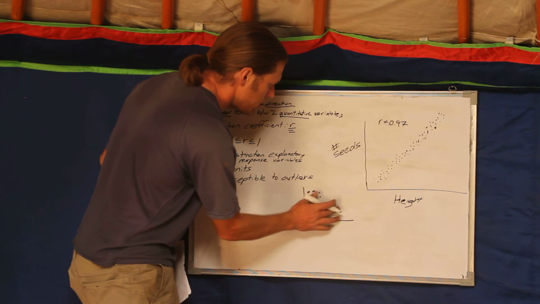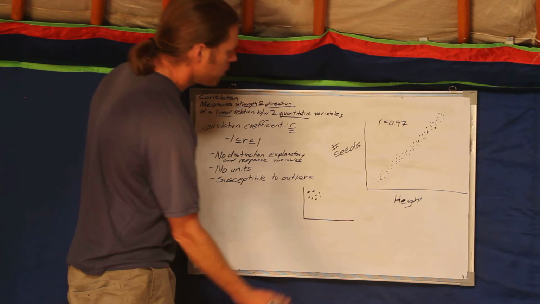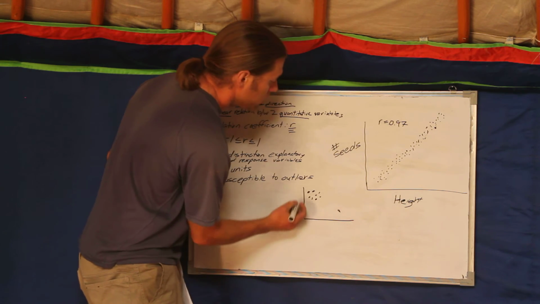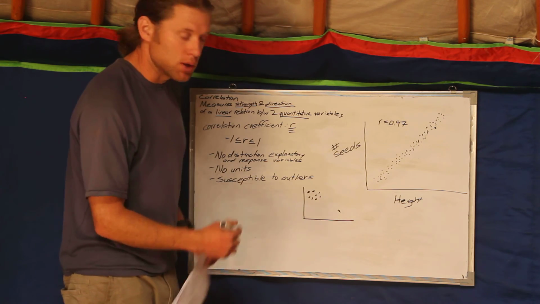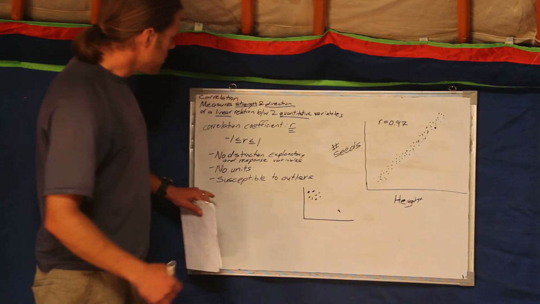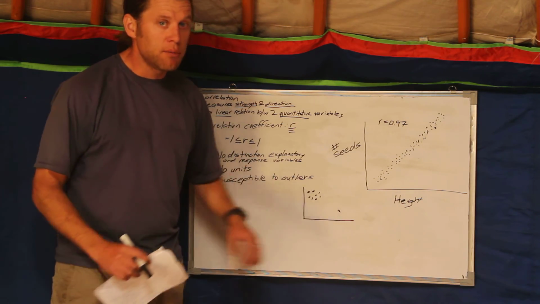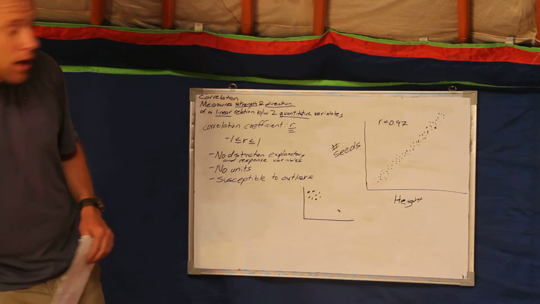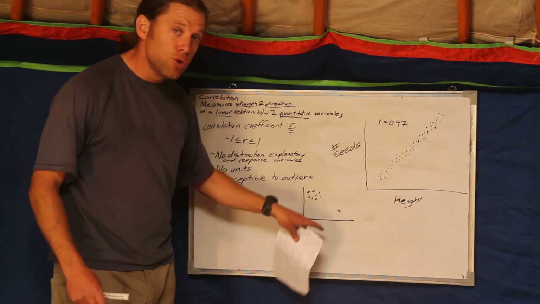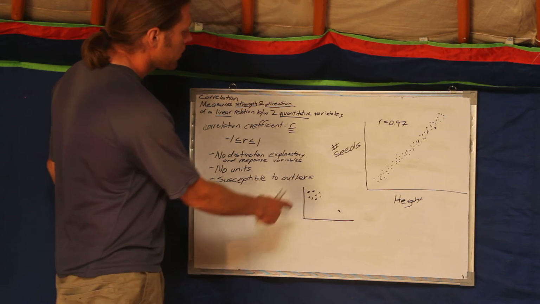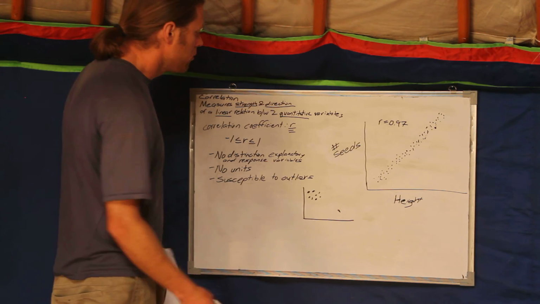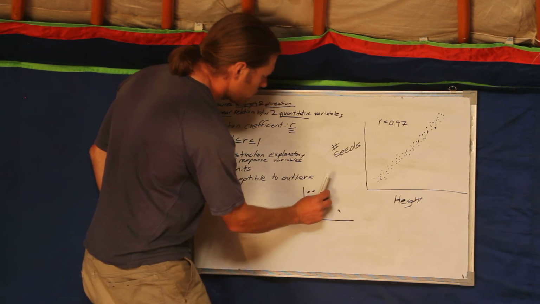This doesn't look correlated at all anymore. But if you add just one point down here, you can say, "Ooh, look at that. There's a strong correlation," right? So that means that correlation is susceptible to outliers like this. So you need to be careful if you have data that look like this. If you have one or maybe two points out here, then you need to be careful about how you deal with it. Okay, so I'm going to erase that.